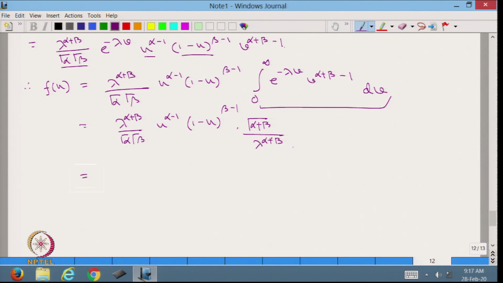Because this gets cancelled, we have 1 upon gamma alpha gamma beta upon gamma alpha plus beta, u to the power alpha minus 1, 1 minus u to the power beta minus 1, when 0 less than u less than 1.